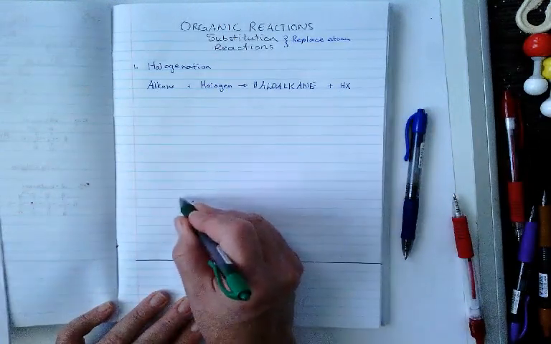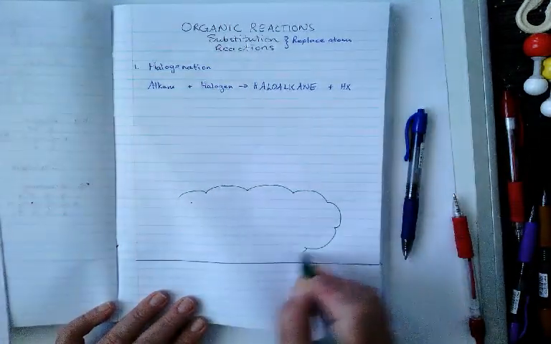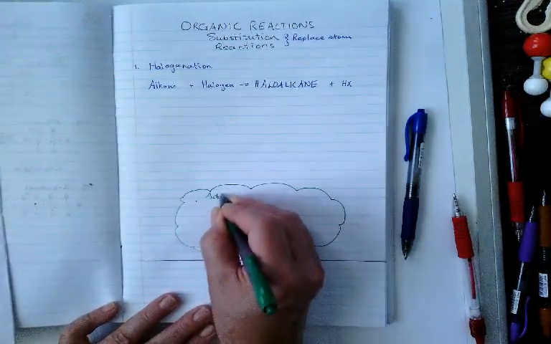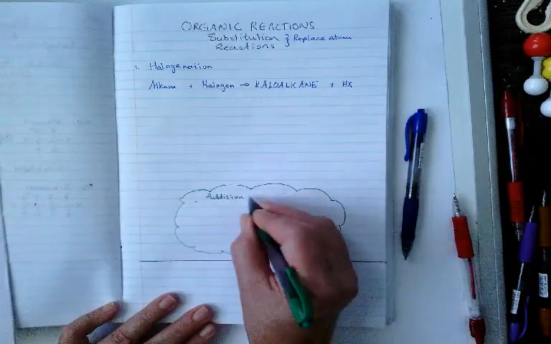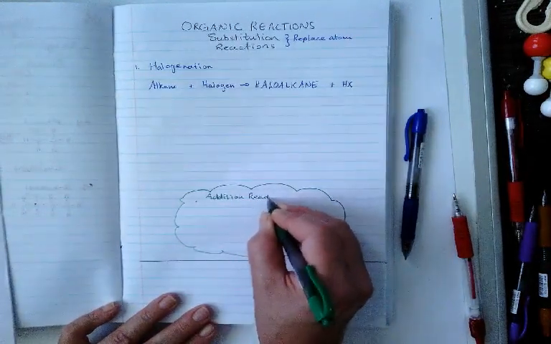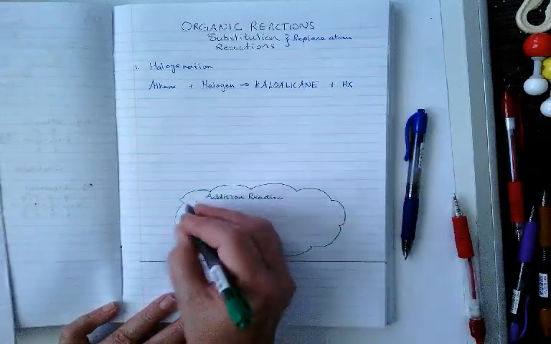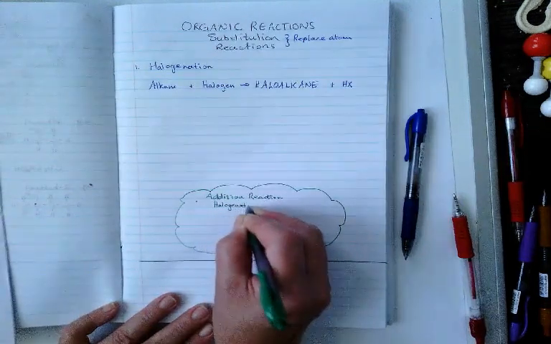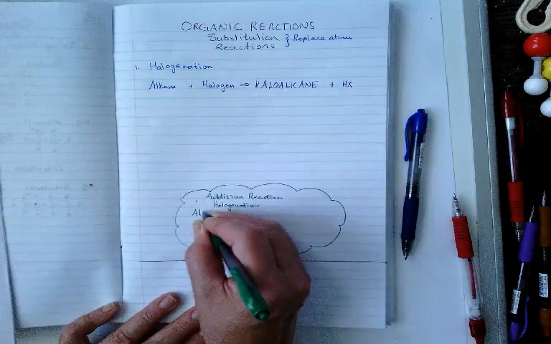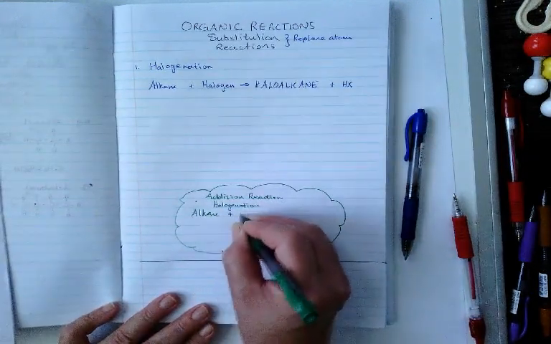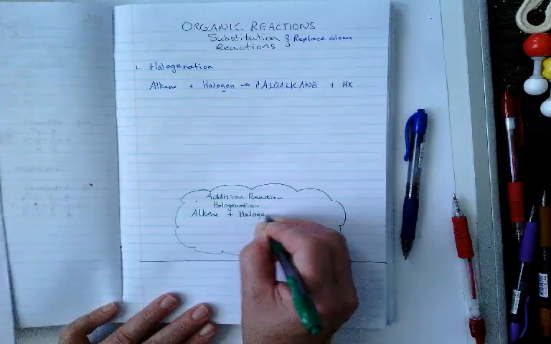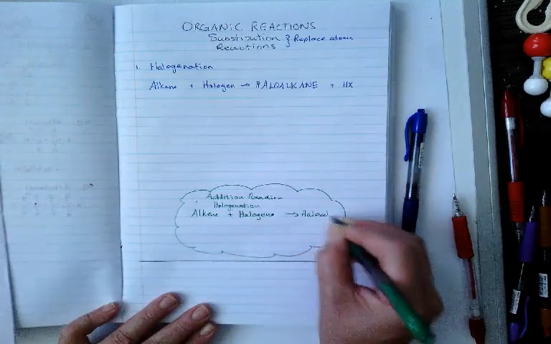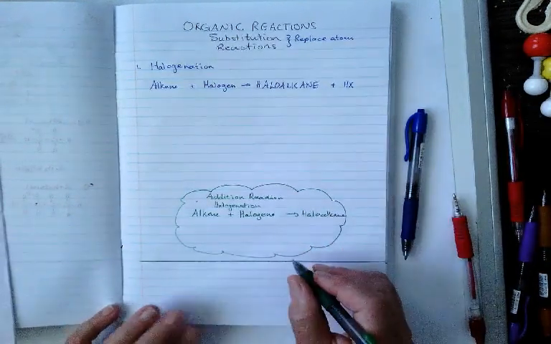So just to refresh your mind, during an addition reaction we also had halogenation, where an alkene reacts with a halogen to form a haloalkane. I'm only refreshing your mind now.